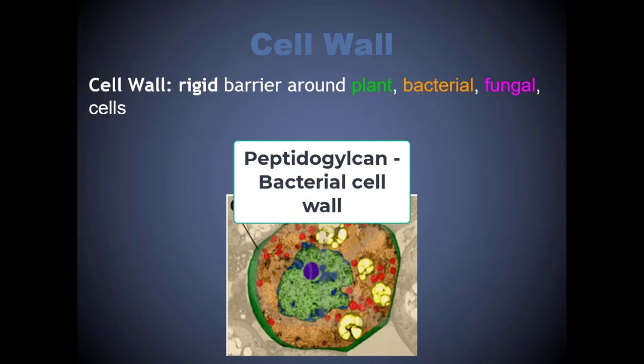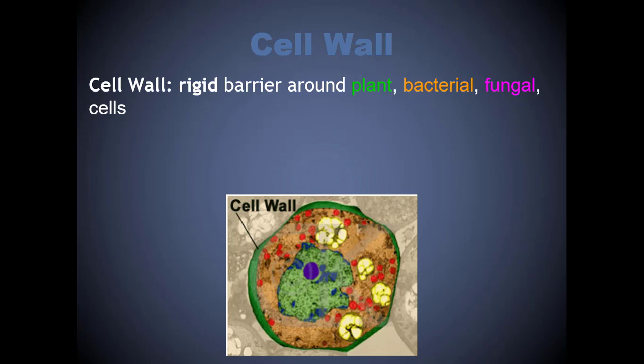Right, the peptidoglycan, which is basically two materials, amino acid or protein material, and then carbohydrates or glucose material. So that forms the major part of the bacterial cell wall. Then the chitin is rather in the fungus.